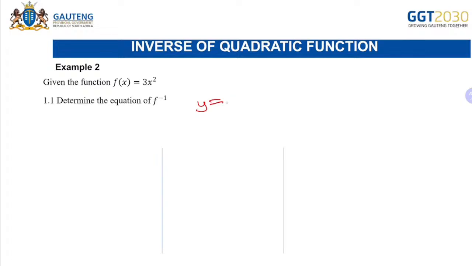And then you interchange x and y and you make y the subject. Let's determine the equation of f inverse, 2 minutes, using the steps that we have highlighted before.